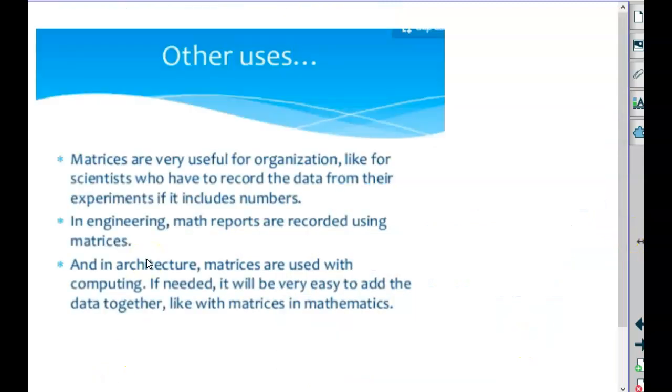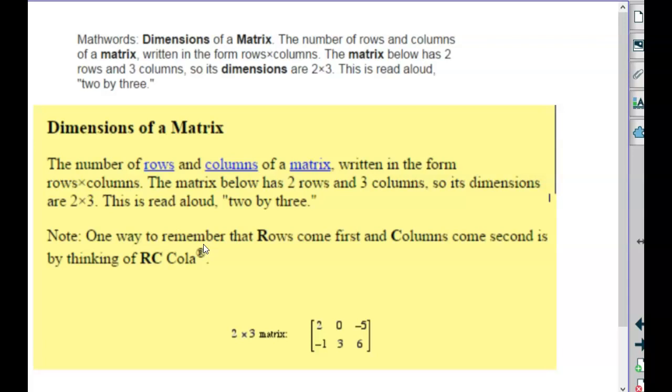So there are multiple variables. Matrices are very useful for organizations. That's what we're going to talk about. They're used in engineering and architecture, etc.